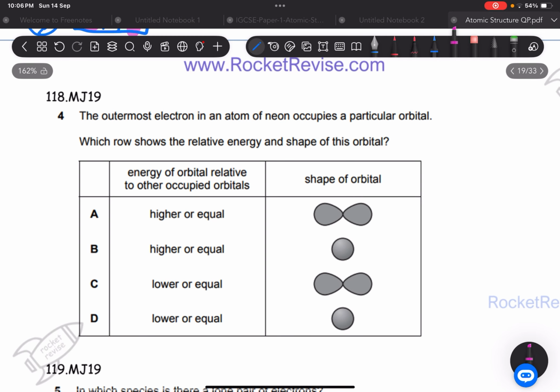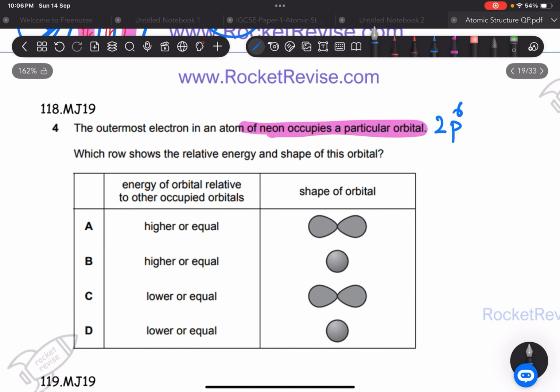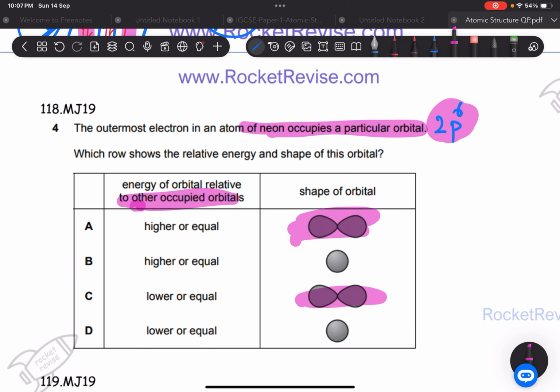Okay, the outermost electron in an atom of neon occupies a particular orbital. Obviously that's going to be the 2p orbital that it's going to occupy. It's 2p6 for neon, because it should have a full outermost shell. Okay, which row shows the relative energy and shape of this orbital? Because it's a 2p orbital, it should have a dumbbell shape like this, and the energy of the orbital relative to other occupied orbitals, obviously, because that's the last orbital.